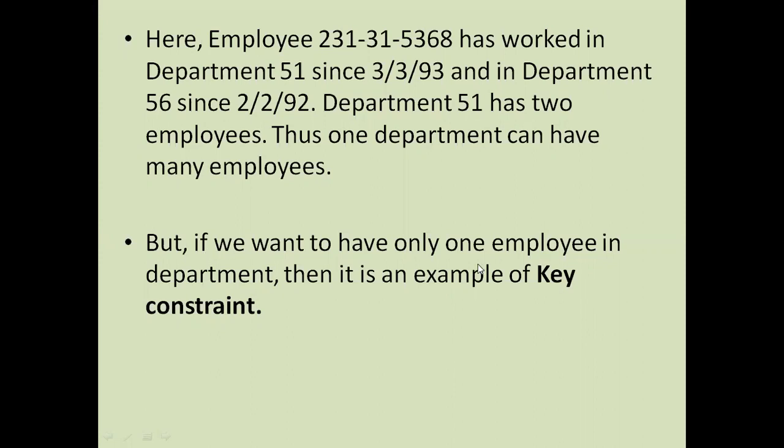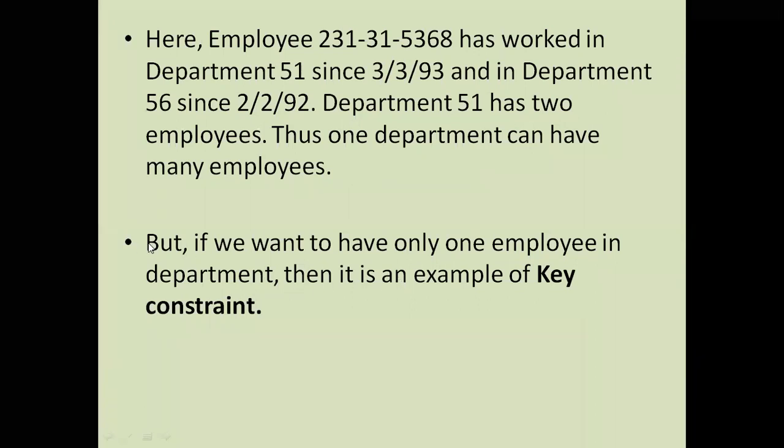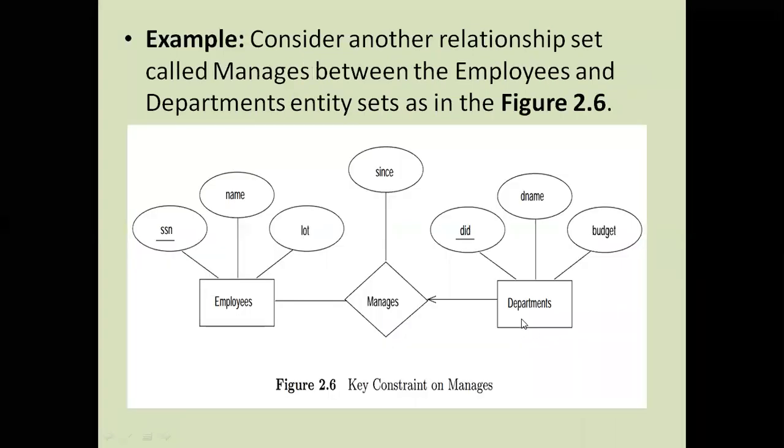Okay, for example, if we want to insert, the condition is like this. If we want to have only one employee in the department, that means each and every department has only one employee. At that situation we consider one to many. Okay, one to many we can also consider.